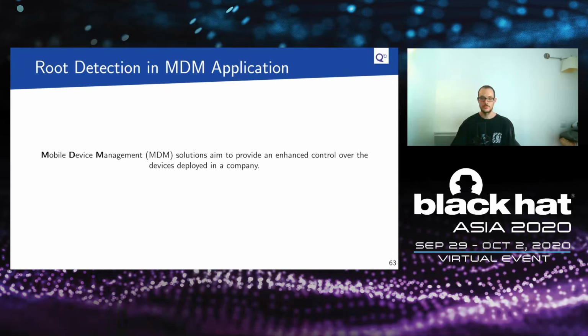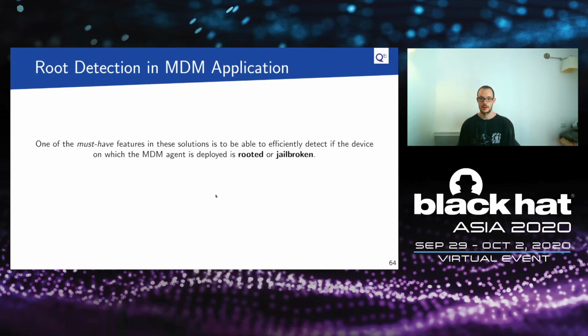And one of the features in this solution is to be able to detect if the device is rooted or jailbroken. Because if the device, for instance, is rooted, it's quite straightforward to bypass all the protections. So this is one of the key points in this solution if they want it to work quite well.